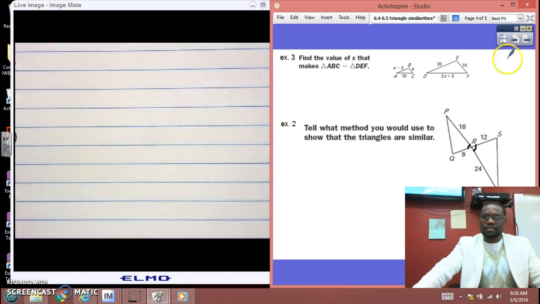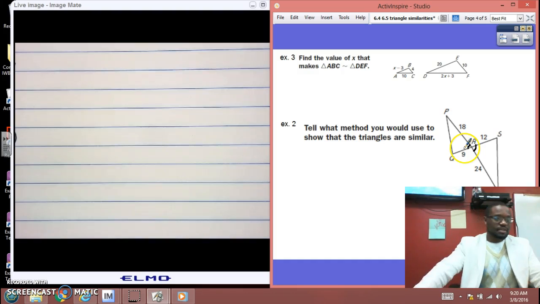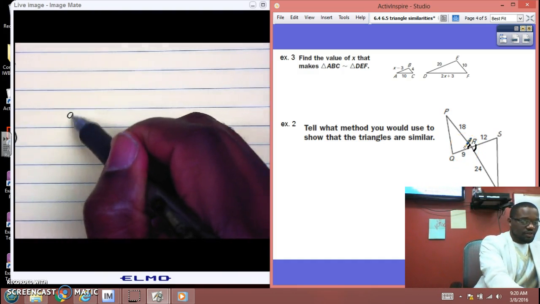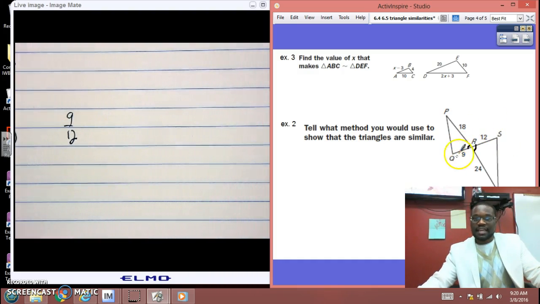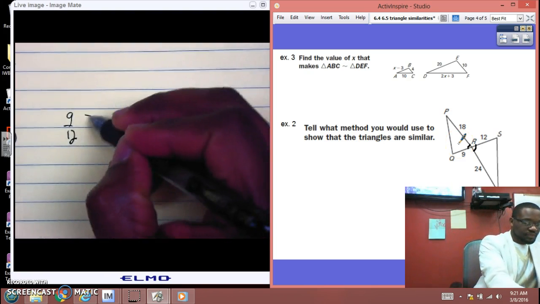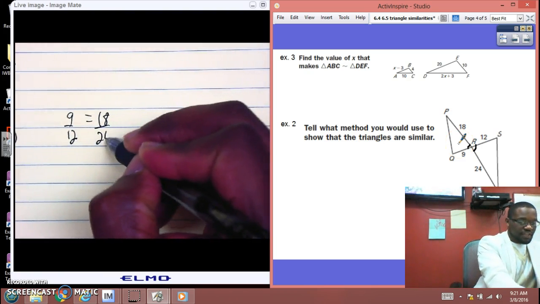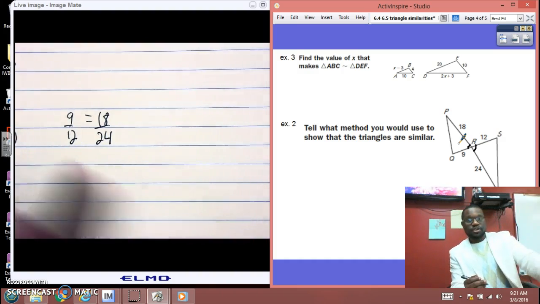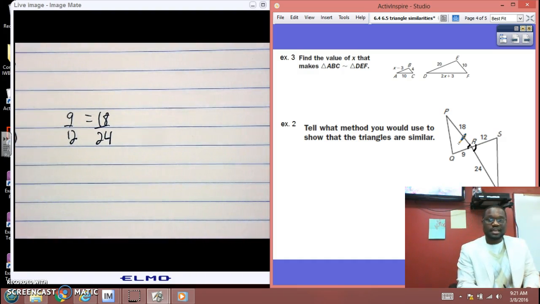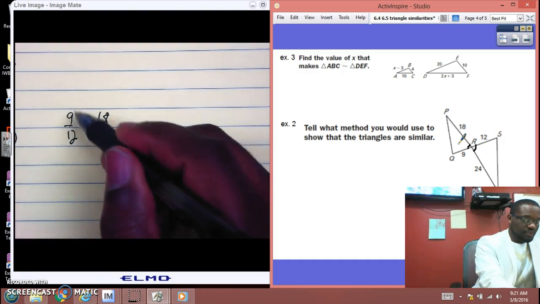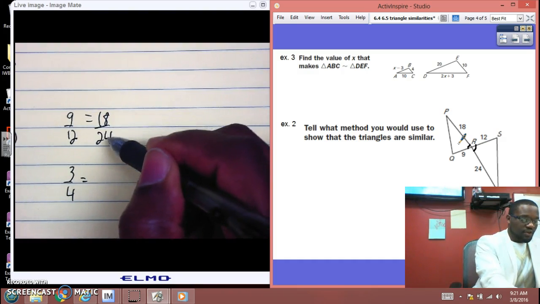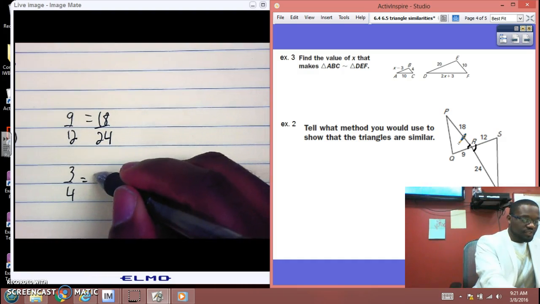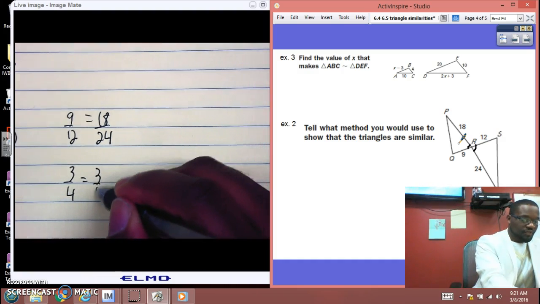The only way it can be side angle side is if we have proportional sides. So let's say something like 9 over 12. That's a correct one. Those two correspond to each other. And since I started with this triangle, I got to say 18 over 24. Now, if these are the same ratio, then we could say the triangles are similar. 9 over 12 is the same thing as 3/4, and 18 over 24 is the same thing as 3/4.